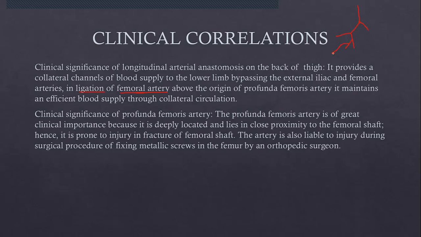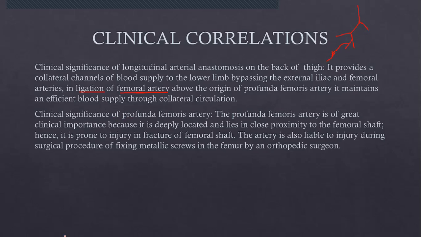Then, via the cruciate anastomosis, the ascending branch of the first perforating artery will be connected here. So blood will bypass the external iliac artery and the common femoral, and pass through this collateral channel. So there will still be some blood supply to the lower limb.